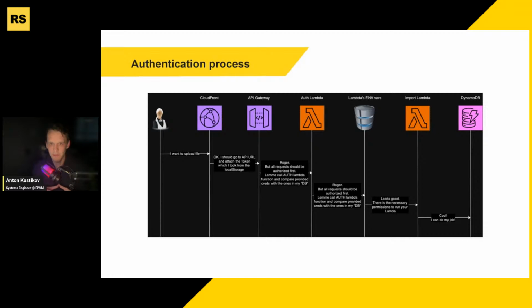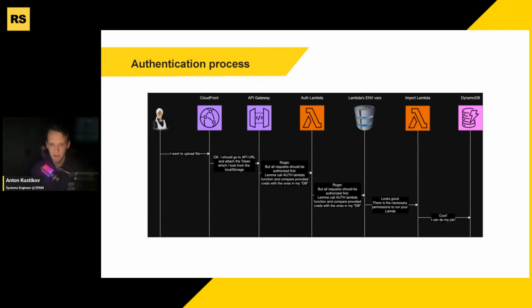The first thing that should happen is that the API Gateway must understand that all calls to this endpoint should be authorized. In this case, the API Gateway gets the information that it should go to the authorizer, attach the token taken from the local storage of our application, and provide it to the Lambda function, so that this Lambda function does all of the necessary authorization work.